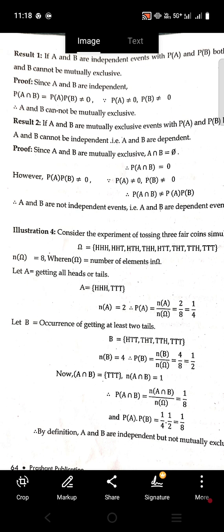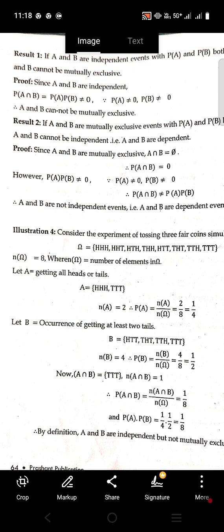Here the number of elements in B is equal to 4, and then probability of event B equals n of B divided by n of omega, that is the total sample space, that is number of elements in B equal to 4 by total number of sample space 8, 4 by 8 equal to 1 by 2.